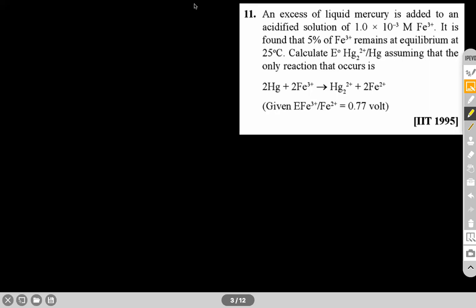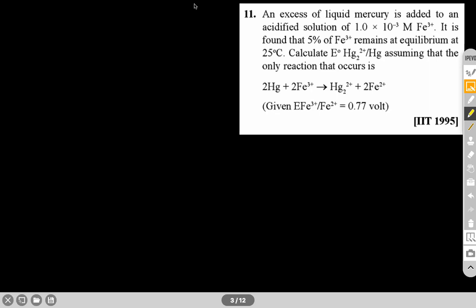It is found that 5% of Fe3 plus remains at equilibrium at 25 degrees Celsius. Calculate E naught for this, assuming that the only reaction that occurs is this.